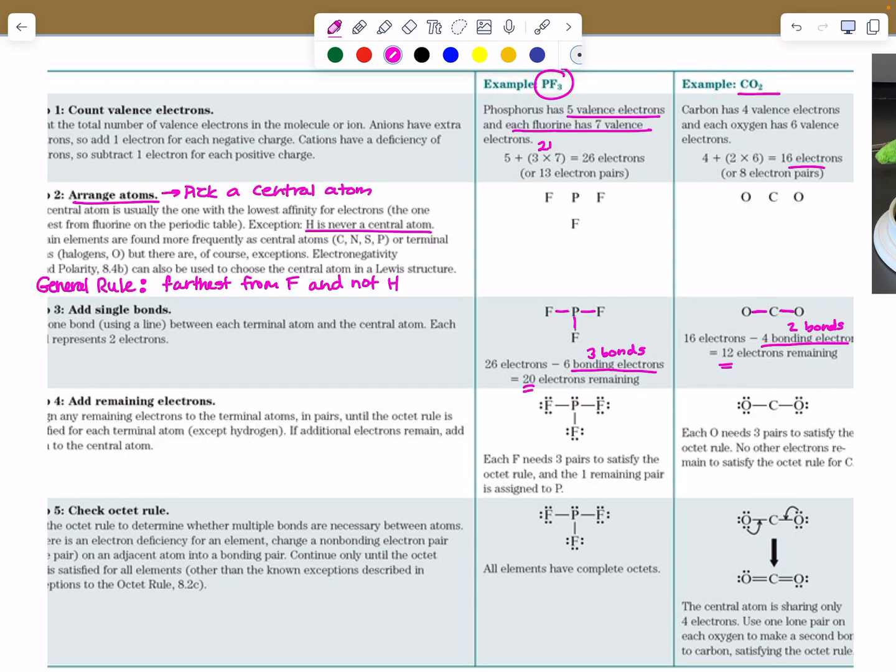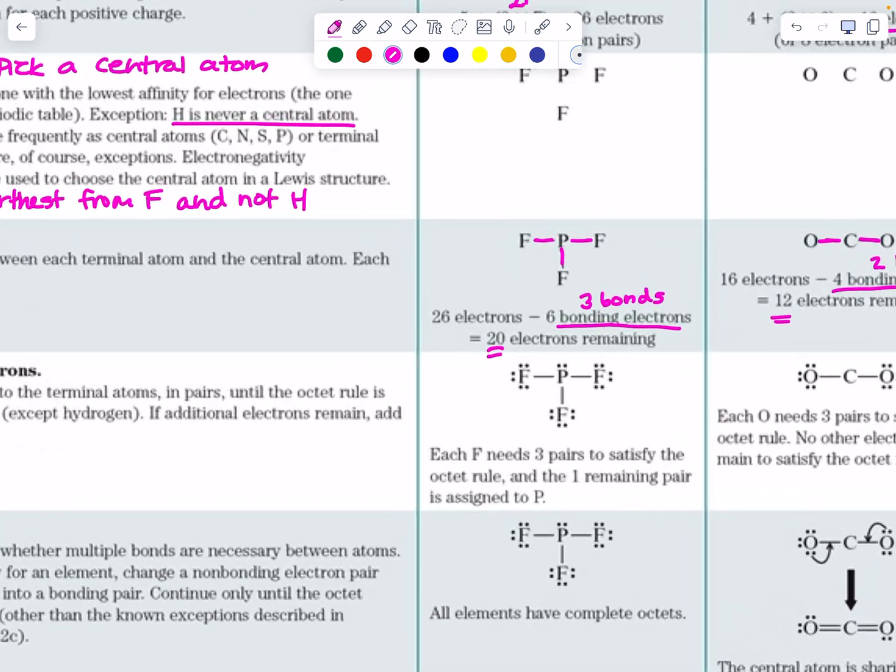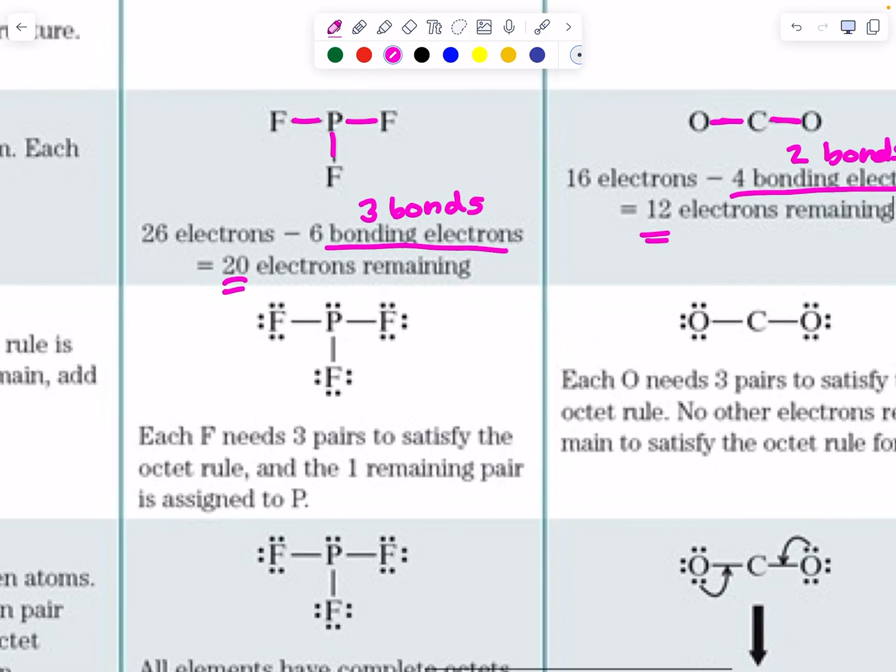So the next thing we do is take all those extra electrons and put them around the terminal atoms as lone pairs. Once we have the octet rule satisfied for all of our terminal atoms, if we have any electrons left over, then we add them to the central atom. If you look at what we've done here, I'm going to zoom in on these. We put our 1 bond in for each, and then I have 20 electrons to go.